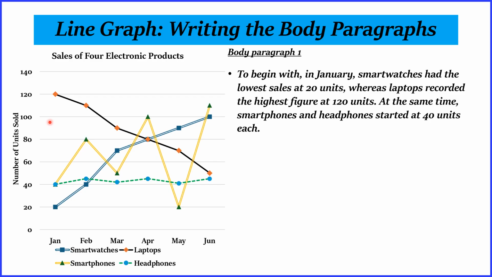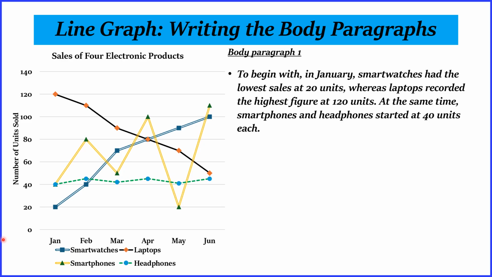At the same time, smartphones and headphones started at 40 units each. This introduction provides a contrast between the products. It also uses comparative language such as lowest and highest to highlight key differences.